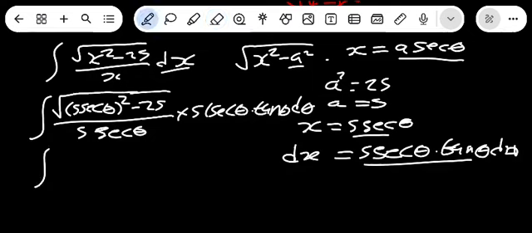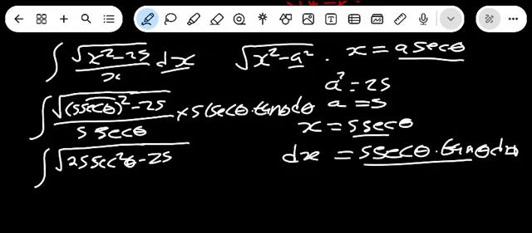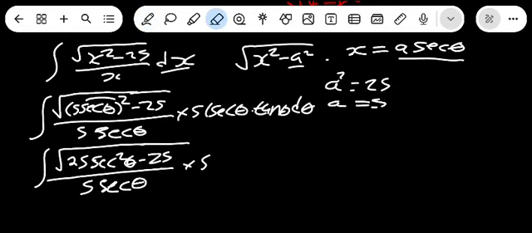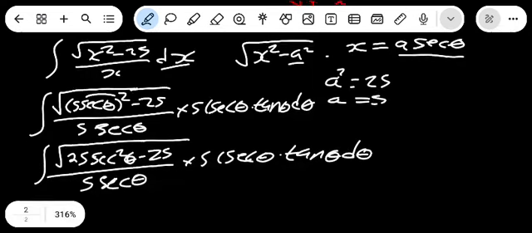So the integral: the square root of 5 squared, we'll have 25 secant squared theta minus 25, all over 5 secant theta, multiplied by 5 secant theta multiplied by tan theta d theta.